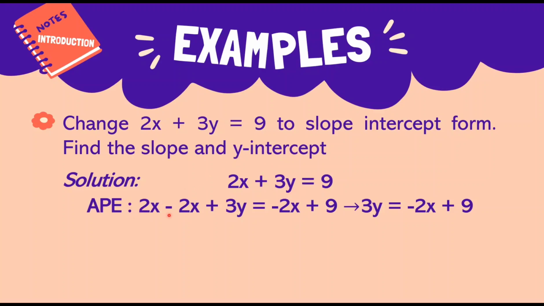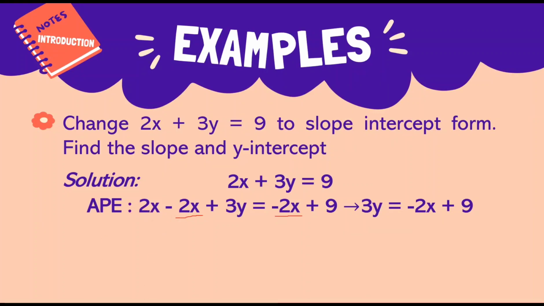So therefore, we need to subtract both sides of the equation by 2x. Again, it does not affect the equality of the equation kasi parehas tayo magsusubtract ng 2x. Okay, going back. So we have 2x minus 2x.